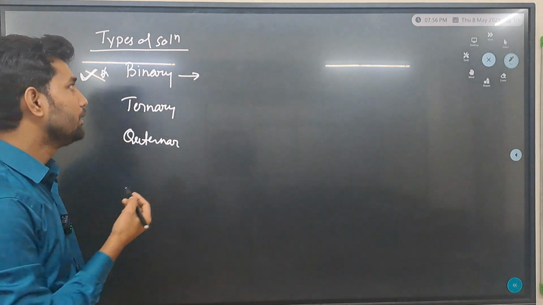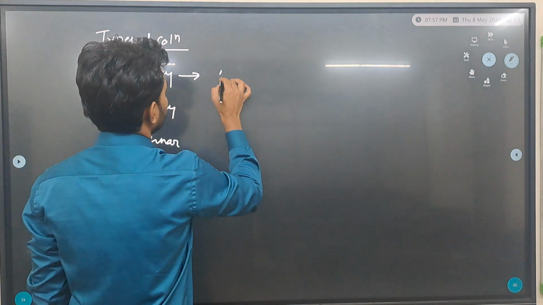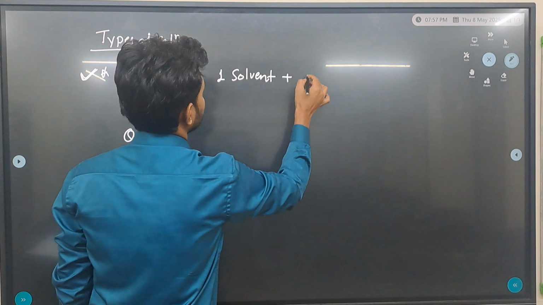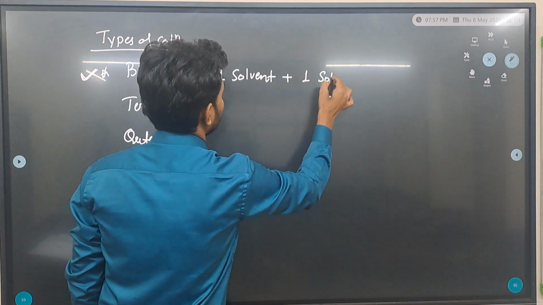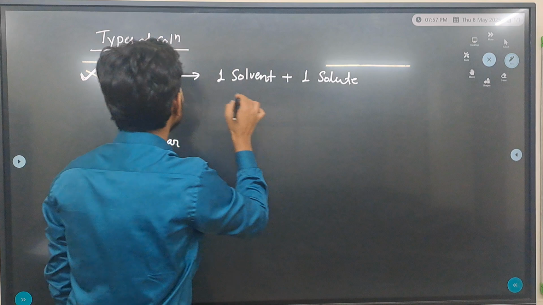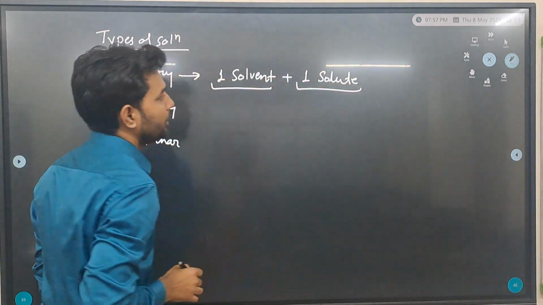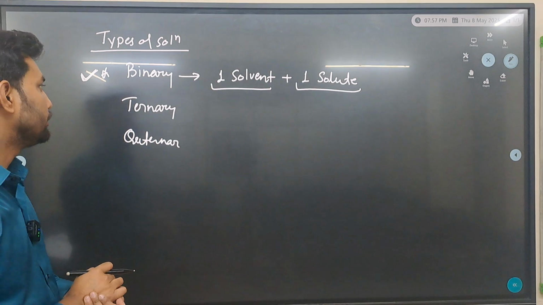Binary solution means a solution having one solvent plus one solute; binary means two. This is called a binary solution.